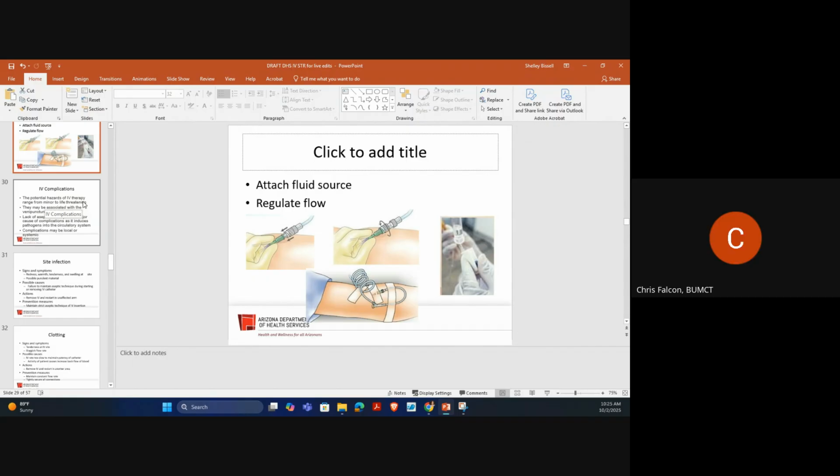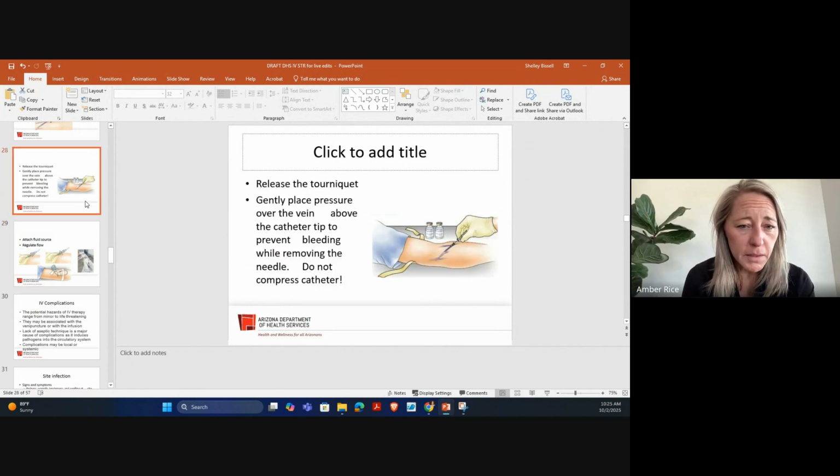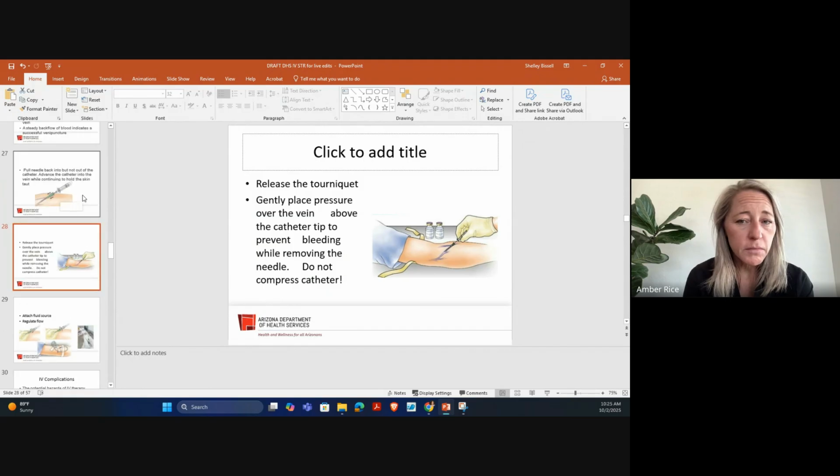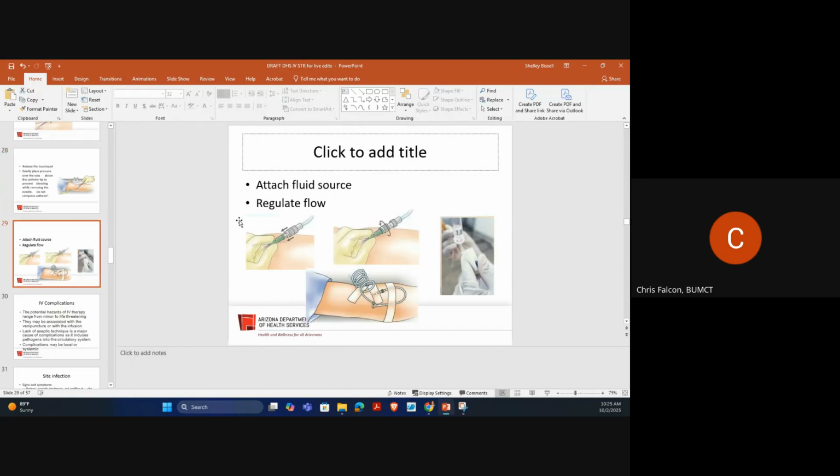Should we add to secure the catheter or line? Do you want to put that on the one up, maybe, or this one? I don't know which slide you want it on, Chris. Probably the next slide, after touch fluid, regulate your flow.